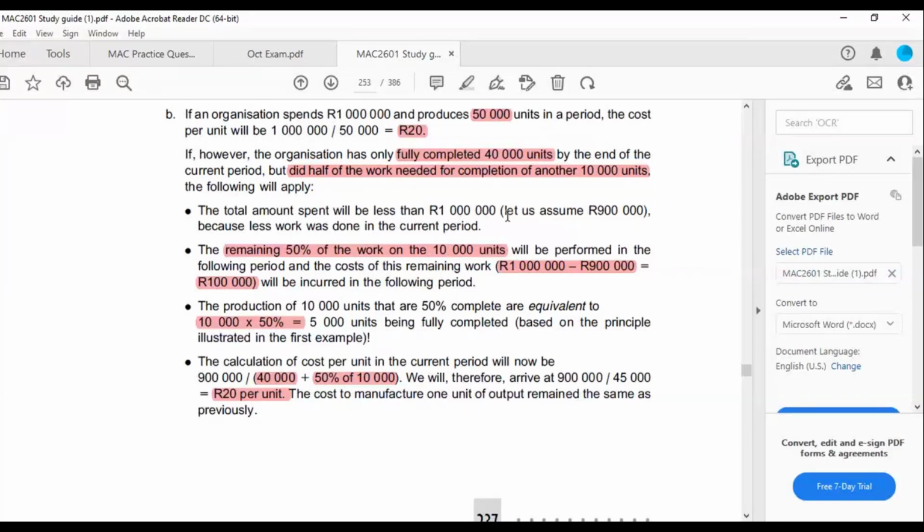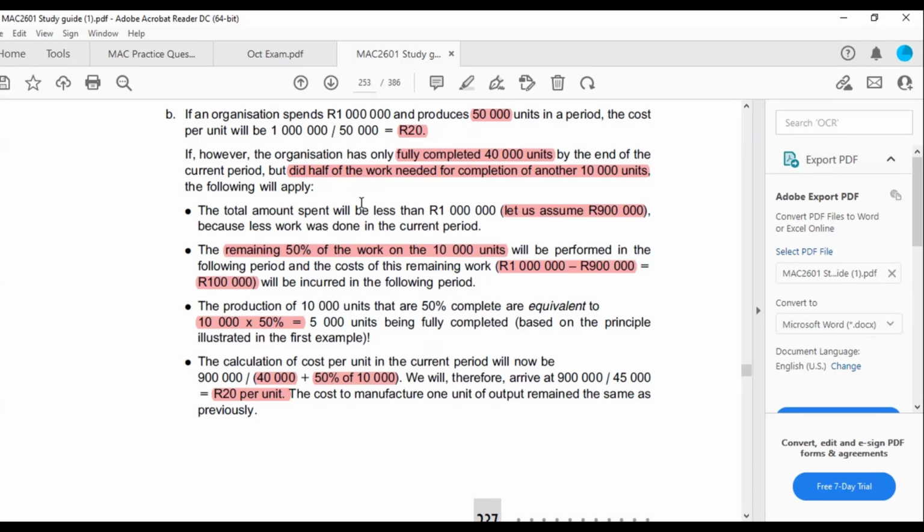Let's assume there will have to be less than 1 million incurred for August because they only managed to do 40,000 and half the work of 10,000. So they are introducing the 900 to say, let's make an assumption that the total cost for August is now 900,000 as opposed to 1 million in July, because less work was done.